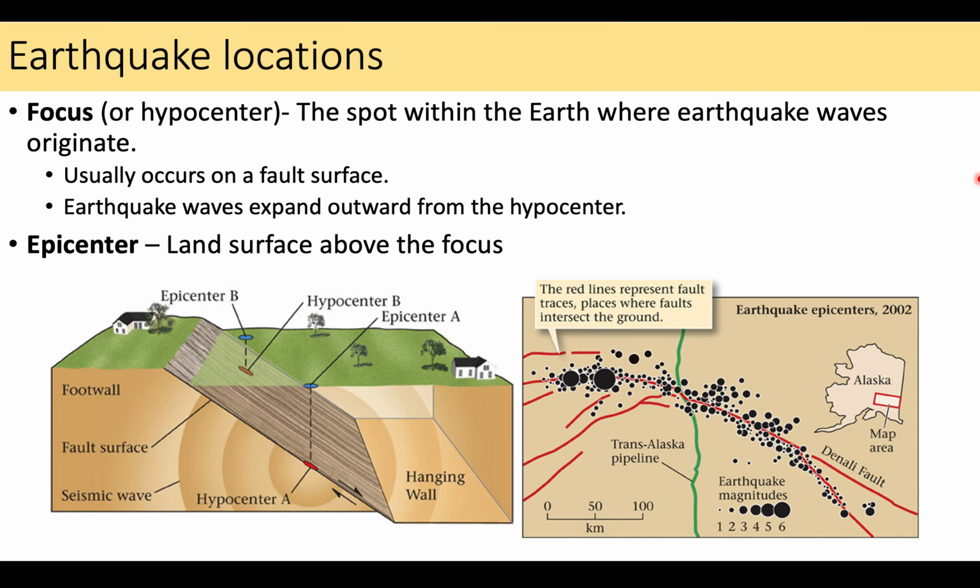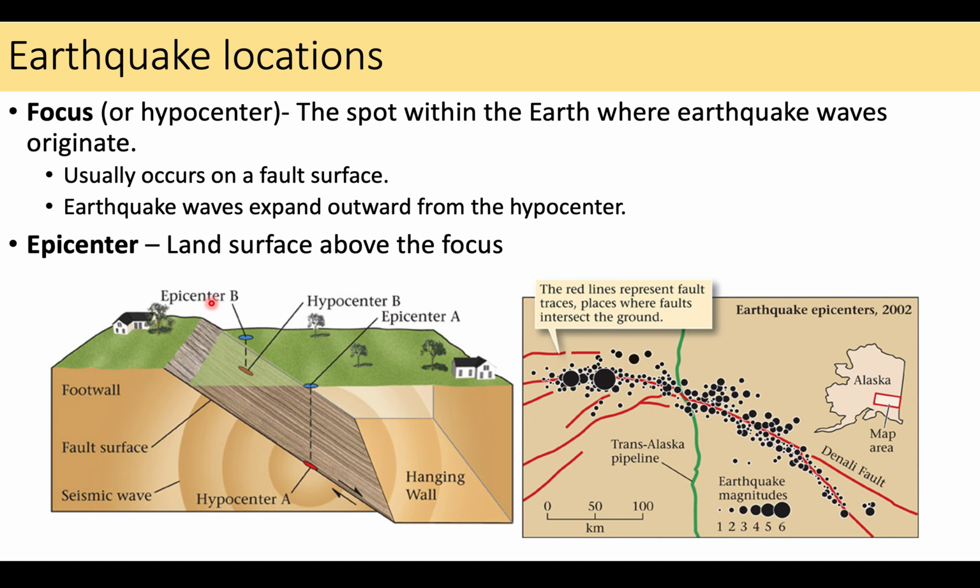The fault usually starts on the surface. The earthquake waves, the seismic waves, are going to expand outward from the focus. The focus can be on the surface, or it can be at depth. Depending on what type of motion we have, what type of fault we have, it's going to determine where we might find the focus of our earthquake.